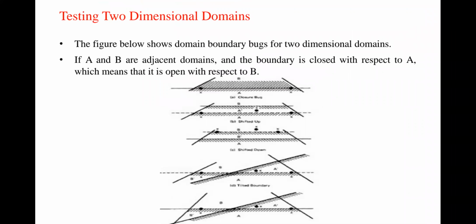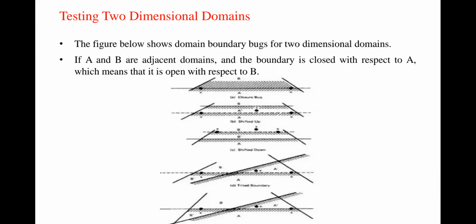If A and B are adjacent domains and the boundary is closed with respect to A, it is open with respect to B. So we have two adjacent domains, A and B, and there will be two boundaries: A will have one boundary and B will have another. If the A boundary is closed, it is open with respect to the B boundary. This is the condition we have taken.